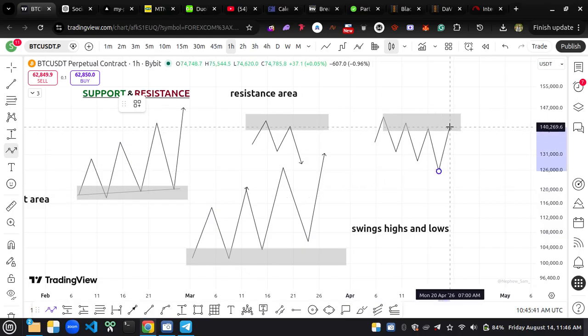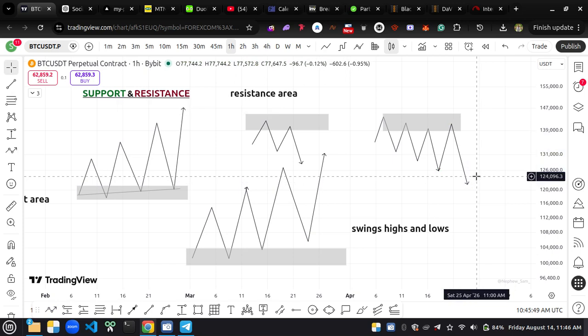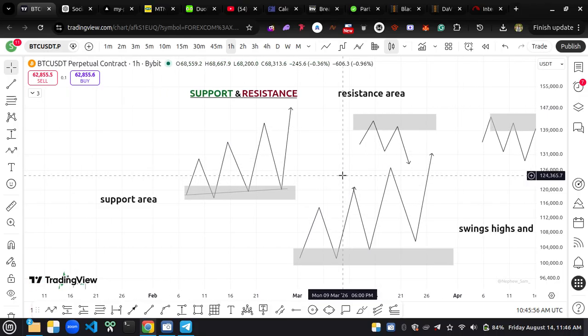Probably we'll get to liquidity in some other videos. It comes to that area and then gives you a sell opportunity, right? And that is how we identify support and resistance on our charts or in trading.